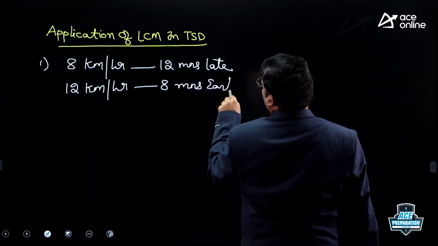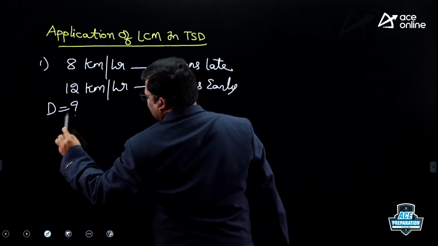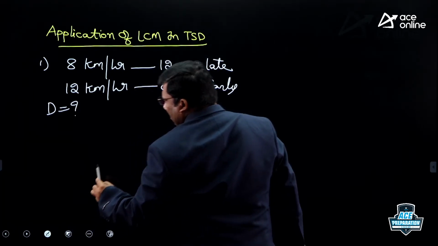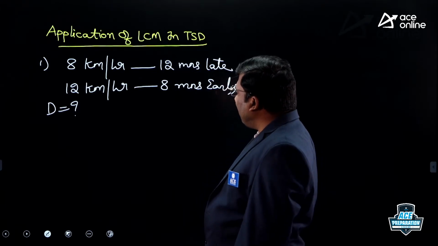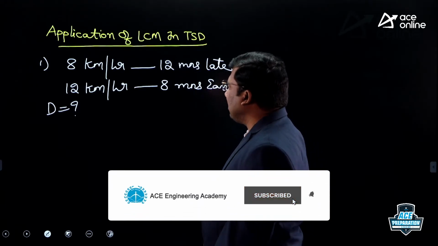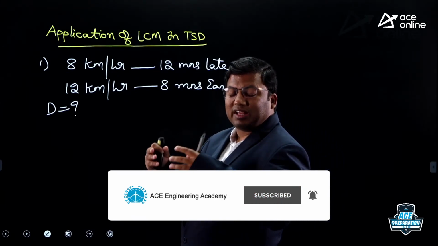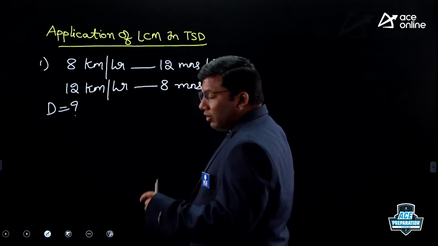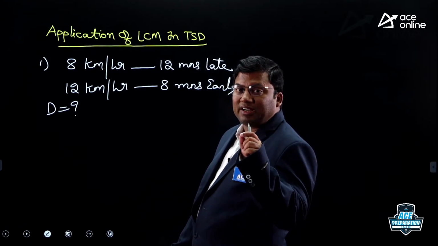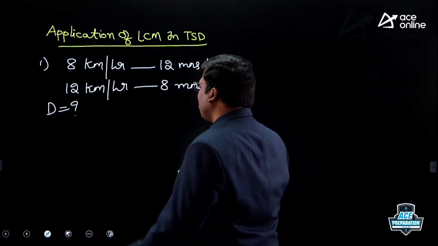Find the distance from home to office. 8 kilometers per hour, 12 minutes late. 12 kilometers per hour, 8 minutes early. The question will be in an English statement; I am condensing it directly. Now, 2 questions are important. The next 8 questions are follow-up questions of these 2 questions.